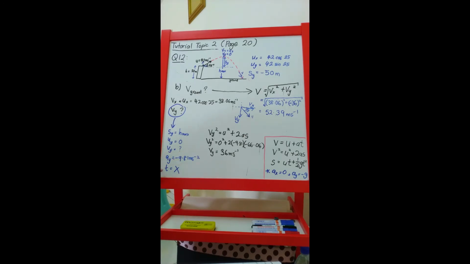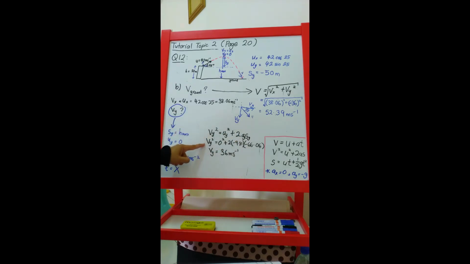ay is fixed, but you don't have any information regarding time. So the most appropriate equation that I'm going to use based on the information I have here is the second one. So vy squared equals uy squared plus 2 ay sy.